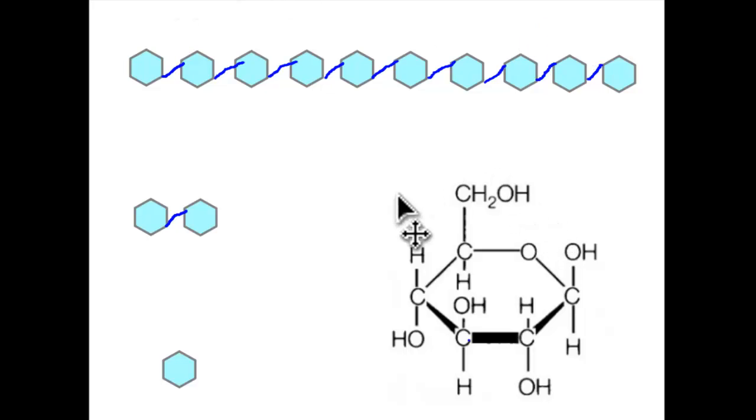Next, we'll have a bit of a look at our structure here, and what we find when we look at the ratio of carbon, hydrogen and oxygen atoms in carbohydrates is that we have a particular ratio, and there's twice as many hydrogen atoms as there is carbon and oxygen.